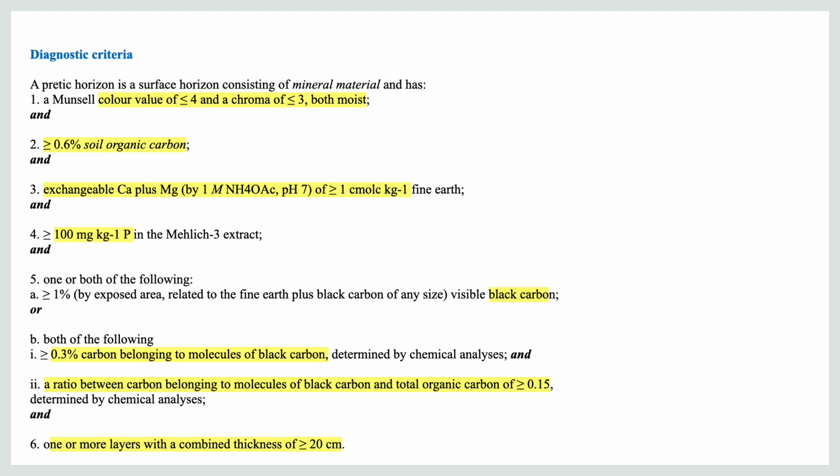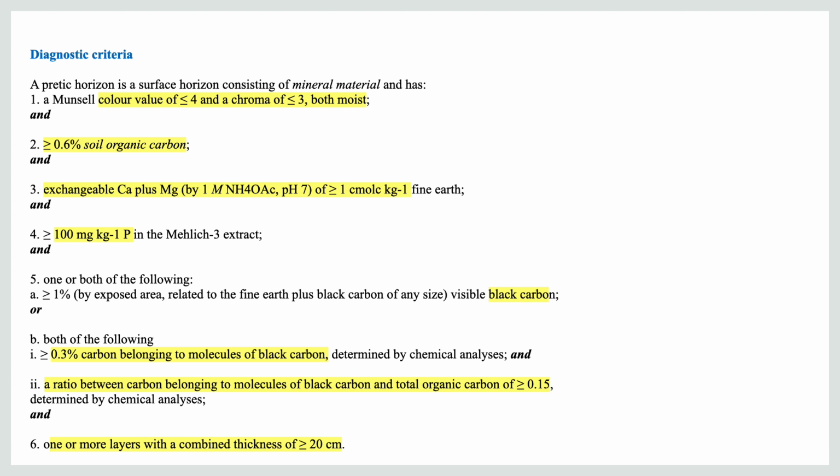We also need to find at least 1% of area covered by black carbon, that is charcoal or ash, or at least 0.3% of some molecules or some chemical composition related to black carbon.